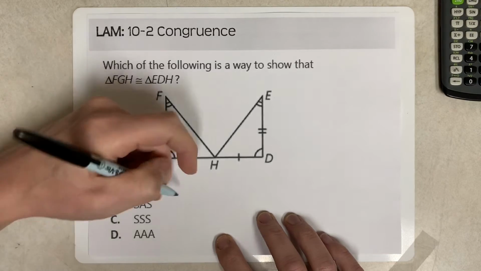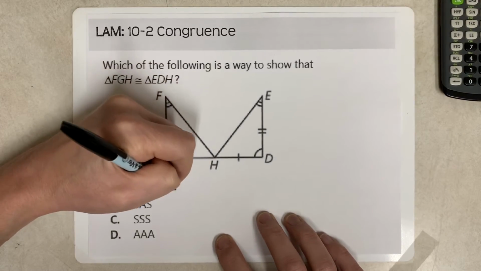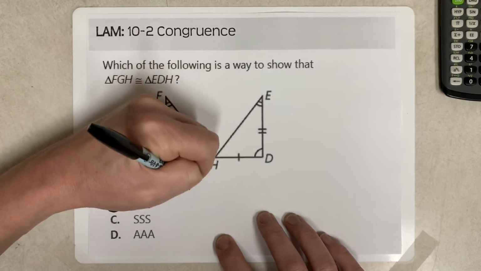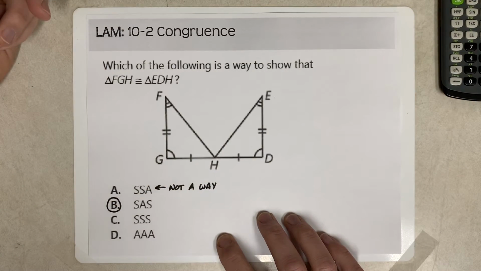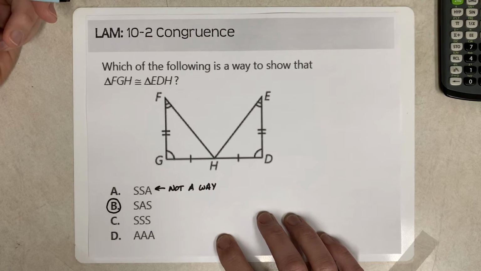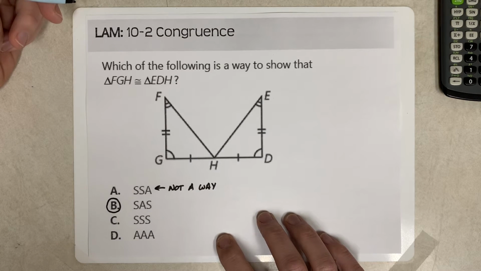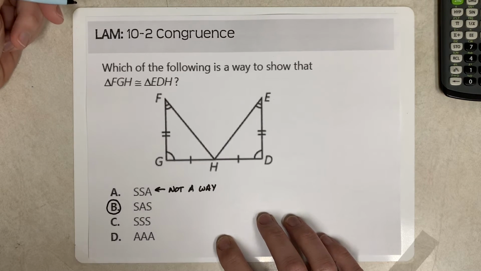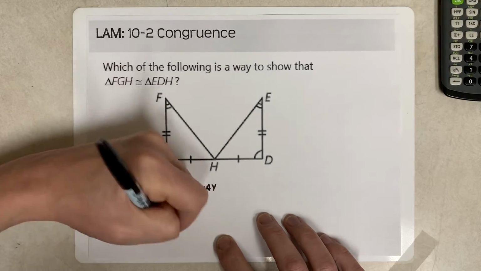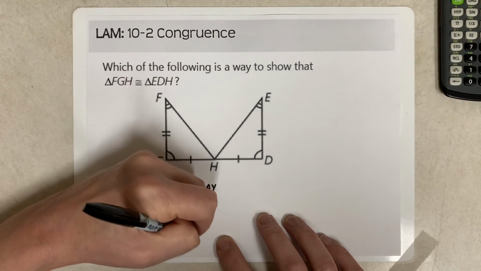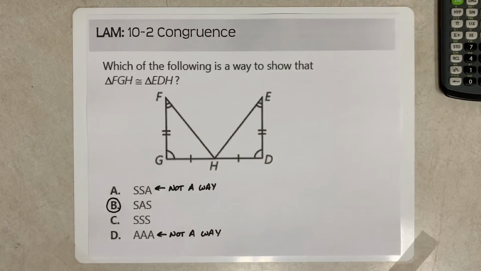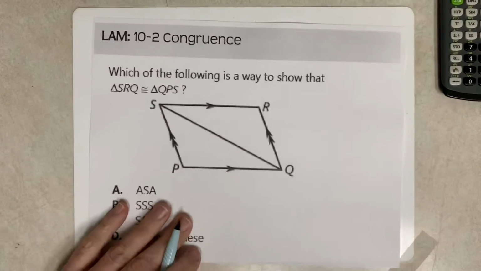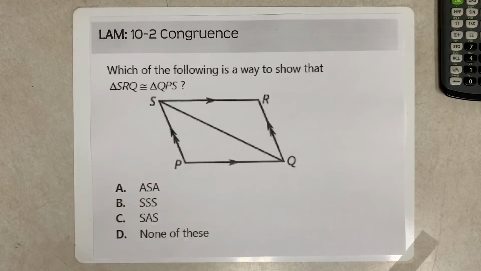SSA is not a way. That's a trick. So if you see SSA, that is not a way to prove the two triangles are congruent. You can do AAS, but not SSA. And this one is also not a way. So whenever you see those two, they're immediately out. You can't do those two. But people pick them all the time.